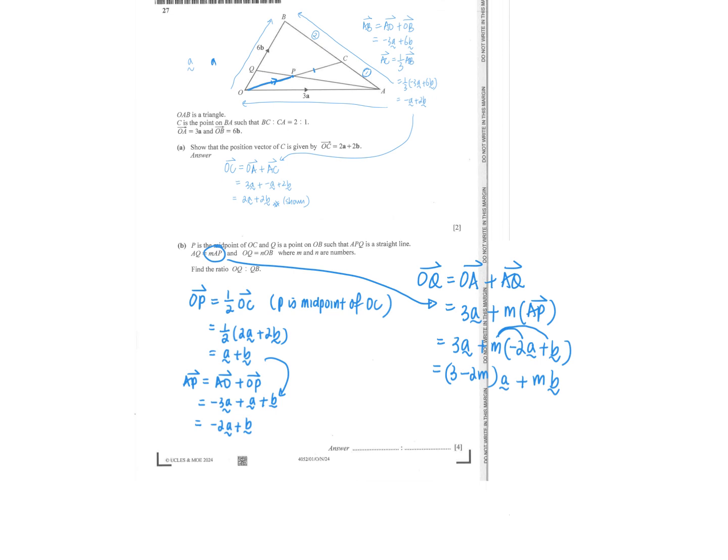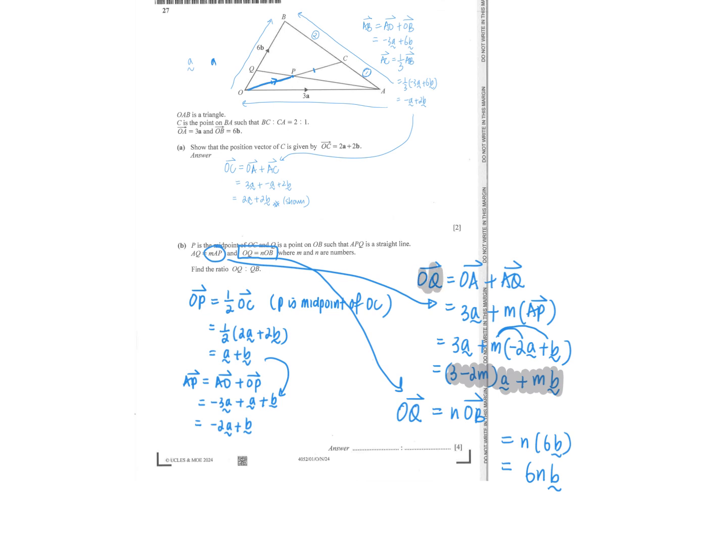Besides that, they also tell me OQ is N times OB. OB is just 6B, which means this is 6NB. So these two are essentially the same thing, for OQ. By right, they should equal each other.